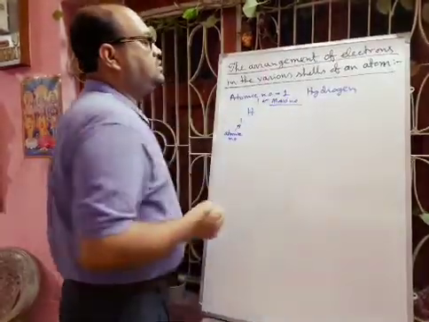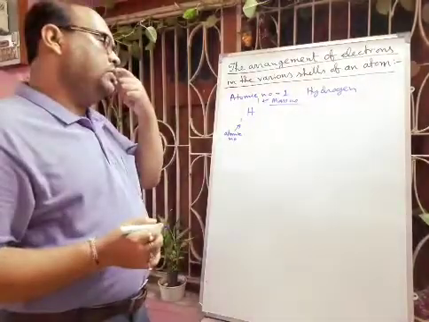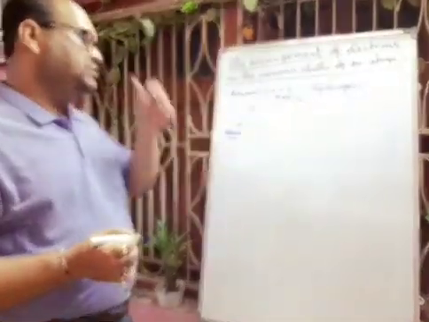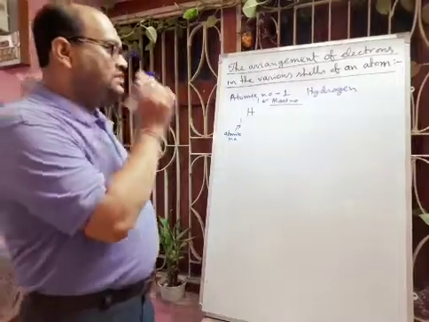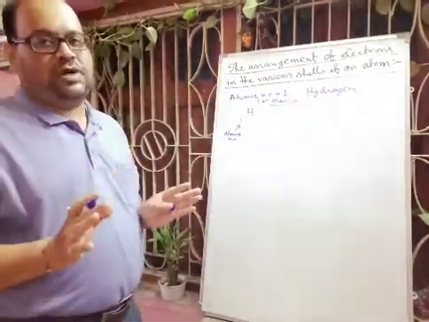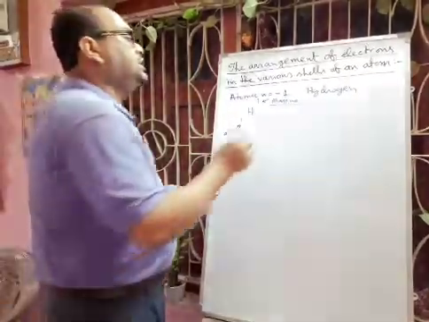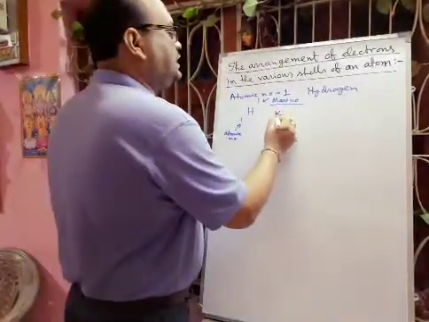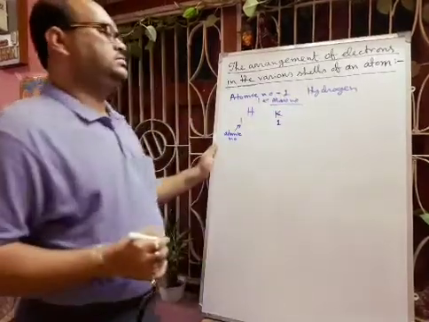Mass number is the total number of protons and neutrons, and atomic number is the total number of protons. In this case, as the atomic number is 1, the number of electrons will also be 1. So its electronic configuration will be, in the K cell there will be only one electron, you will write 1.